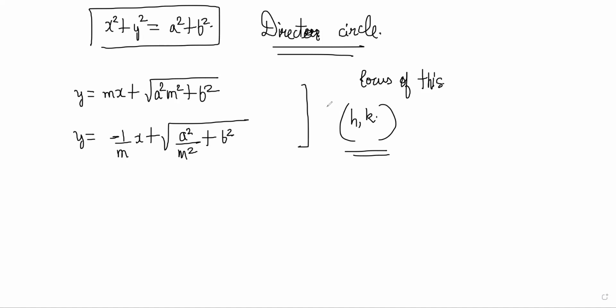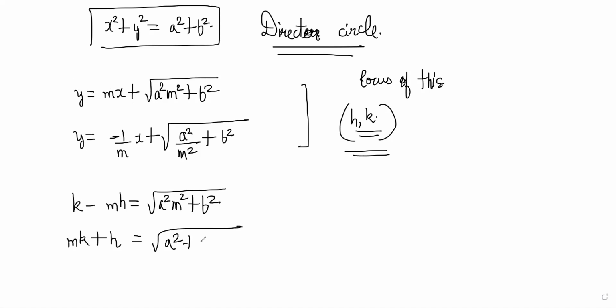So you have to solve for h comma k. h comma k lies on both of them, so put h, k here and eliminate m. You will get something like k minus mh is equal to root over a square m square plus b square from the first equation, and you will get here again mk plus h is equal to root over a square plus b square m square from the second equation.